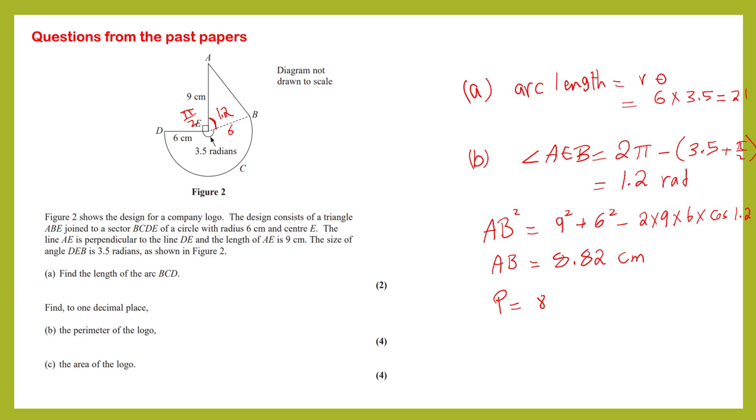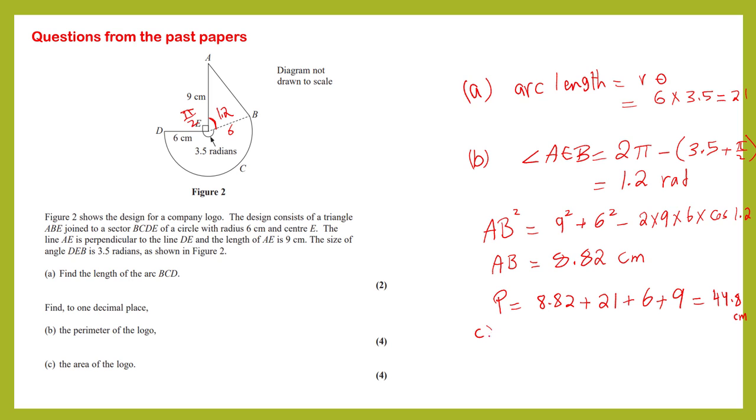It will be 8.82 plus we have the arc length was 21, then plus 6 as a radius plus 9, which is the side length of AE. All of them together would be approximately 44.8 centimeters. This is for part B.